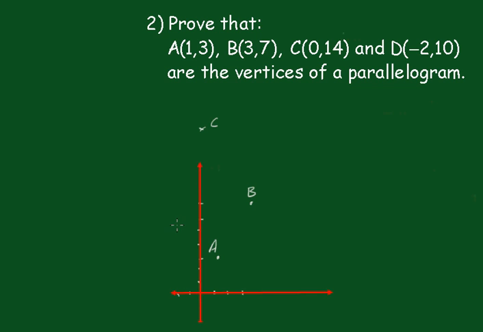Well, didn't do this too good, did I? Okay. Minus 2, 10 would be up here somewhere, wouldn't it? Okay. D. That just gives you an idea of what size we've got to consider.